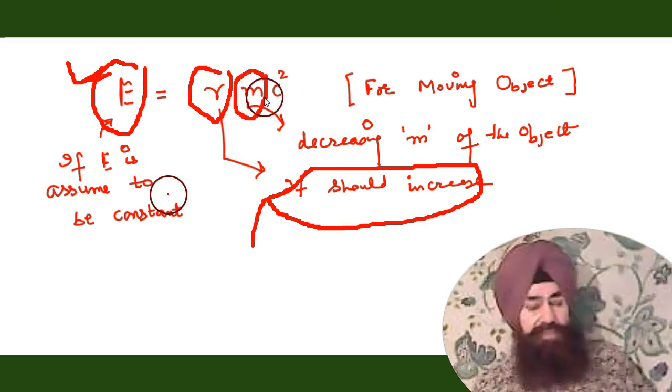If you are making m smaller and smaller, the value of gamma has to increase. Only then can you have the same energy.